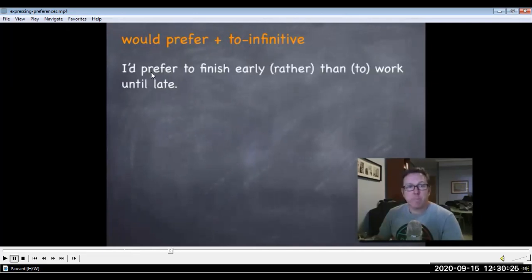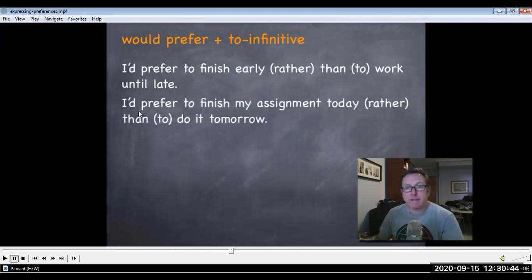I would prefer, this is the short form of I would. I'd prefer to finish early. Finish is the base form of the verb with infinitive to. So this is called to infinitive, to base form of the verb, finish early rather than to work until late. One more example, I would prefer to finish my assignment today rather than to do it tomorrow.